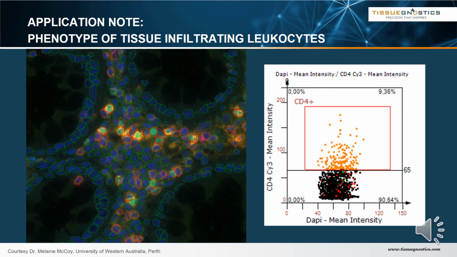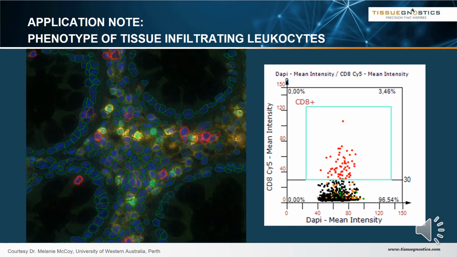Here we see the result for CD4 positive cells. So this is the cutoff for CD4, and this gate highlights our CD4 positive T helper cell population. By using the backward connection, we see where those cells are here in the tissue, indicated by the red contours.